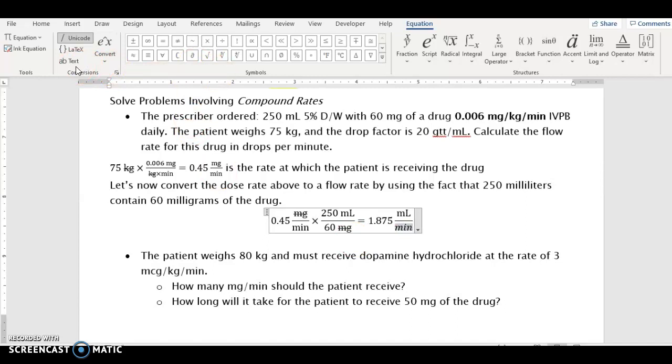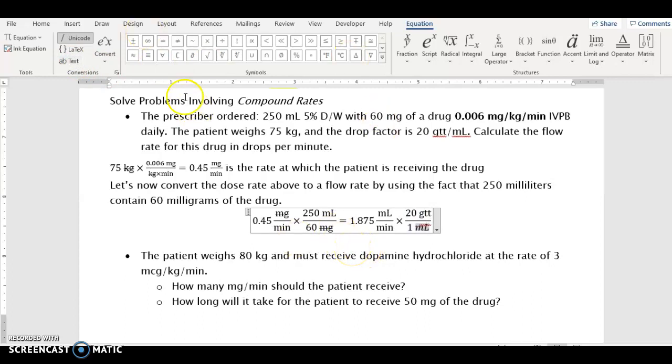Once we have that, we can use the drop factor to convert it into drops per minute. We don't need to change the minutes into hours. We can leave that alone. So our last step is to multiply by 20 drops over 1 milliliter. So we're essentially going to multiply 1.875 times 20.